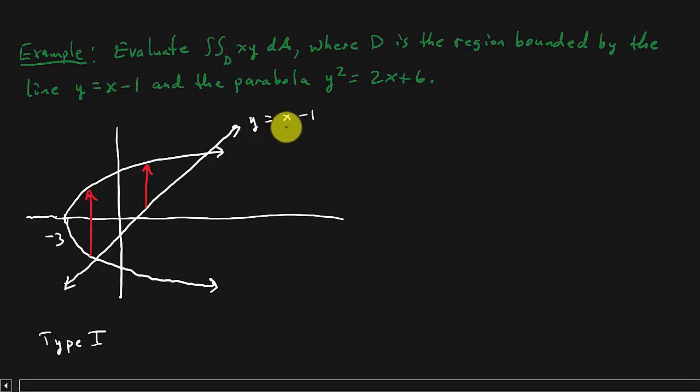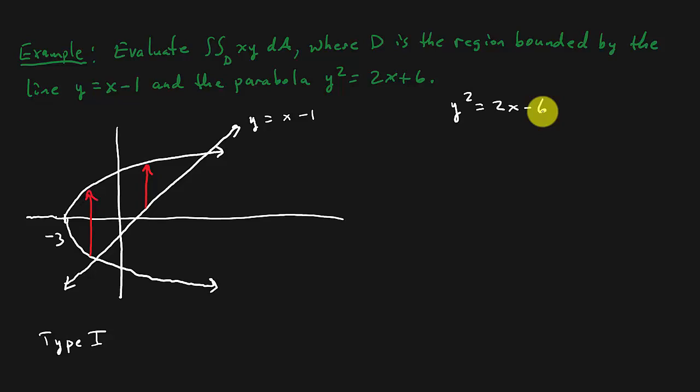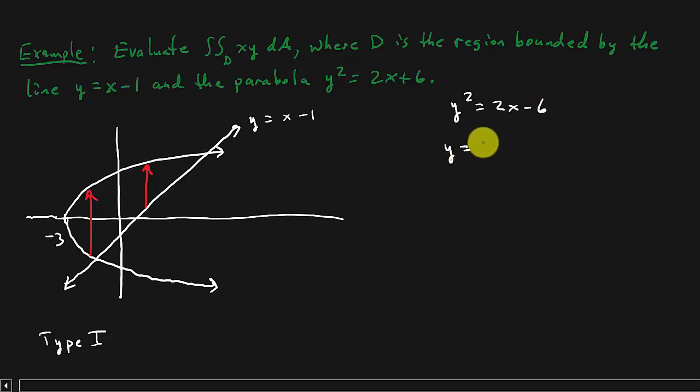We've got y equals x minus 1. So what about this? What is this in terms of x? Well, y squared equals 2x plus 6. I mean, it is in terms of x, but I should have said it's not y equals something in terms of x. We don't want y squared equals something in terms of x. So this is y equals plus or minus the square root of 2x plus 6.